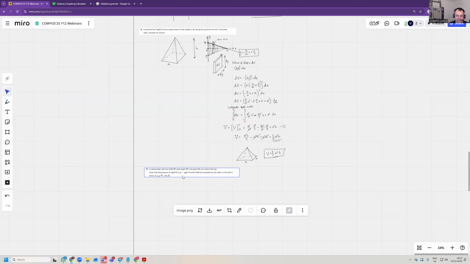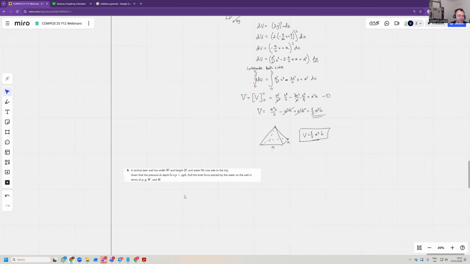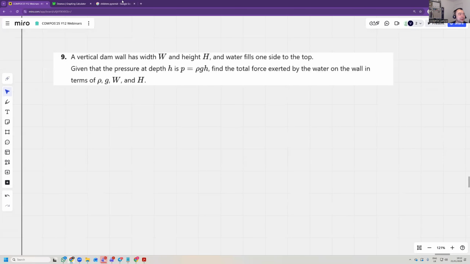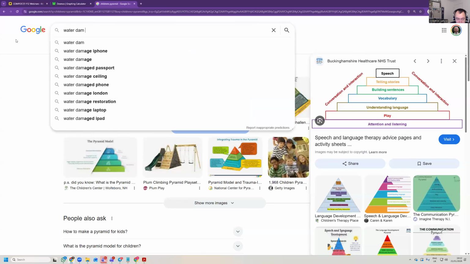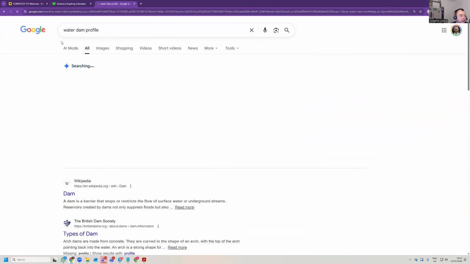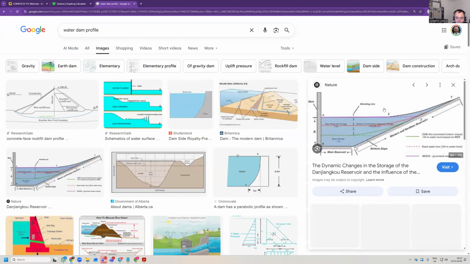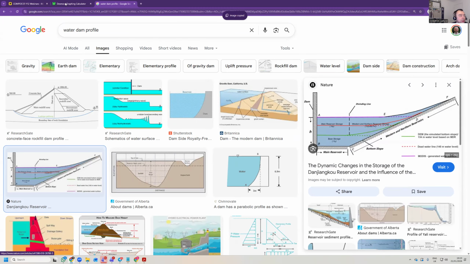Okay, and final question about a water tank. Well, it's not a water tank; it's a water dam, and we have a water dam profile image.